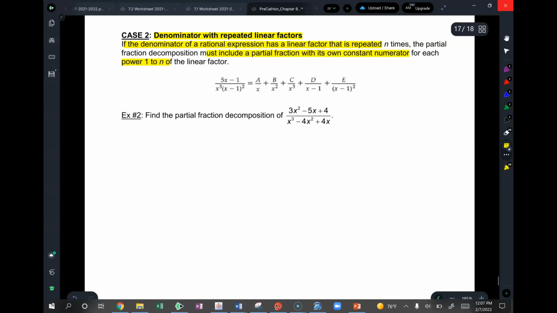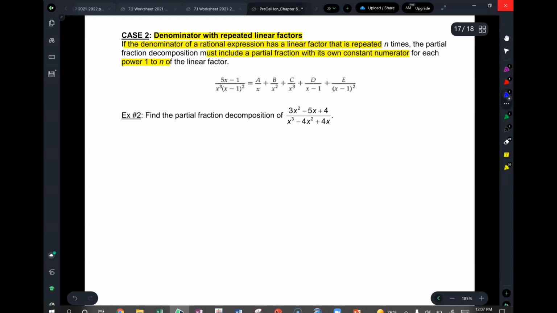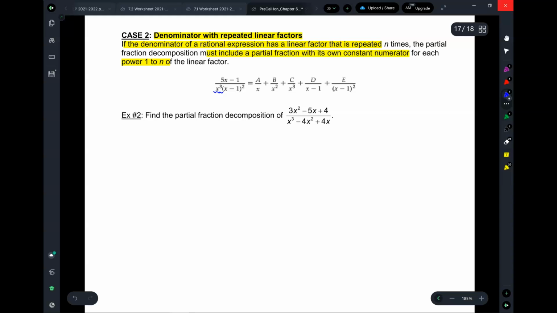Look at this denominator here. You've got an x cubed. The exponent there is a 3. What's the base? X. Yeah? X cubed. The base is x. What's the exponent? 3. Whatever the exponent is, you have to clone that denominator that many times.